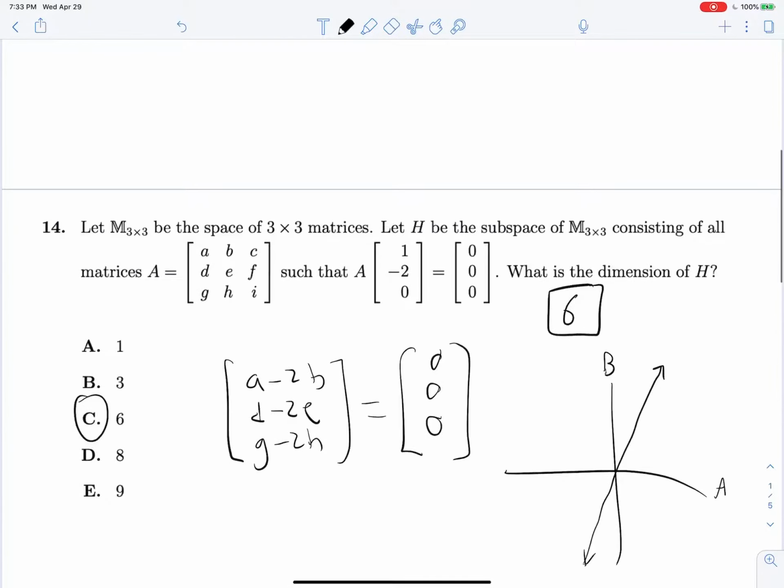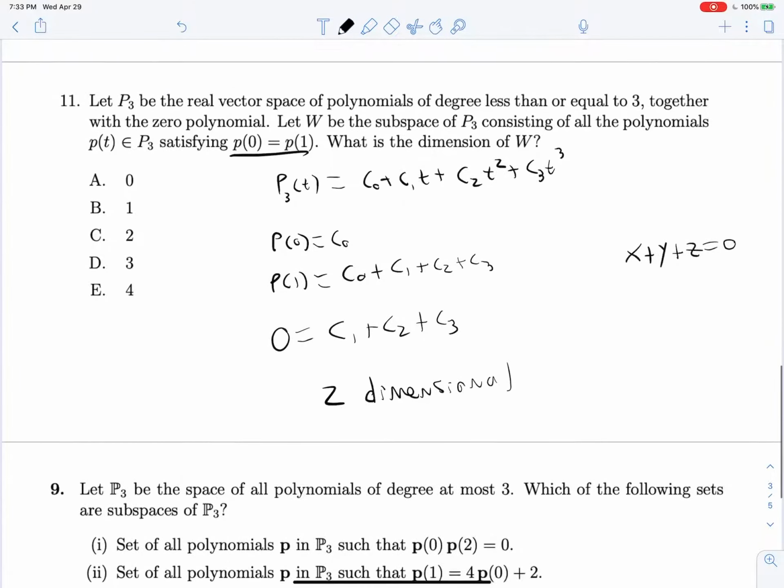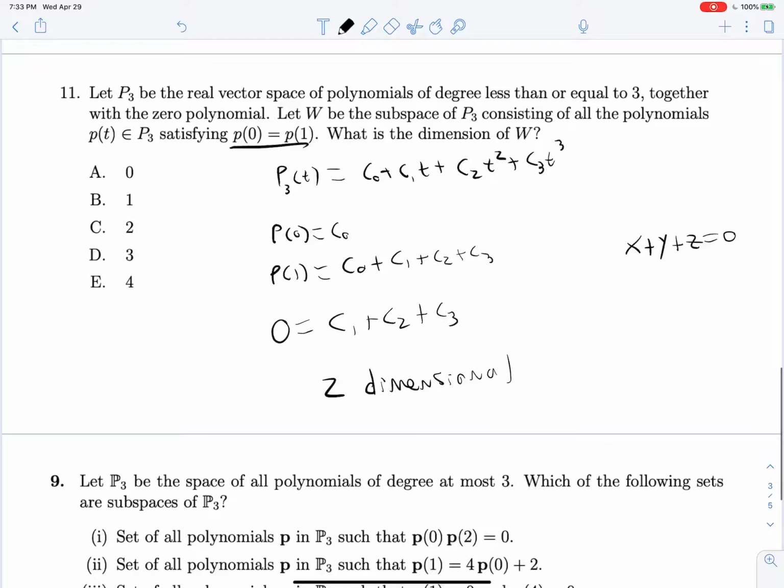Just like in this example, how we had C, F, and I that we could move around all we wanted without changing any of these constraints, we have another purely free variable here. It's C0. Just because it's not involved in this equation down here doesn't mean that we don't have to take its degree of freedom into account.